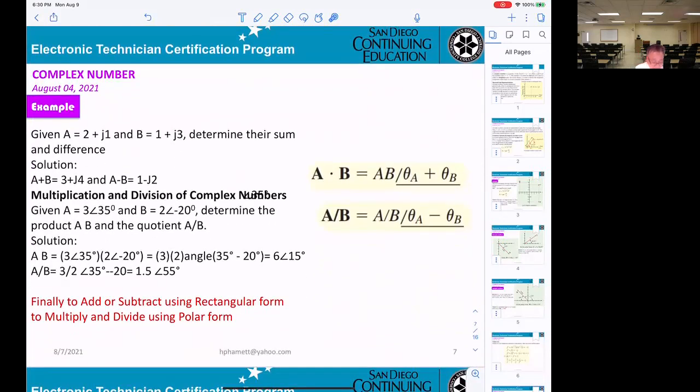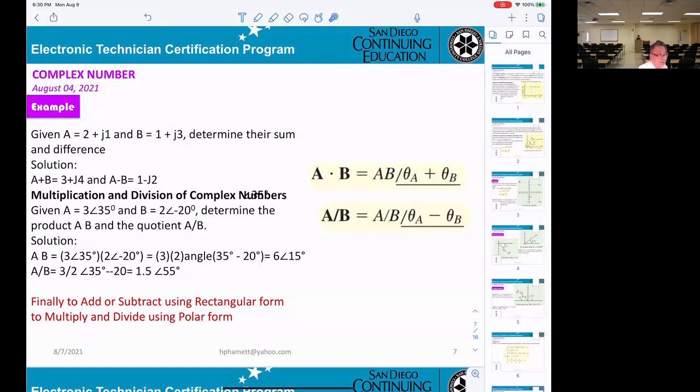Example. Given A equals 2 plus j1, B equals 1 plus j3. They want to know the sum and the difference. Okay. They already gave the solution.